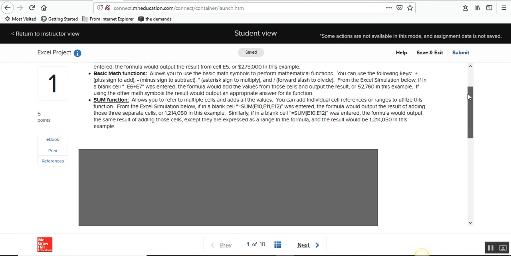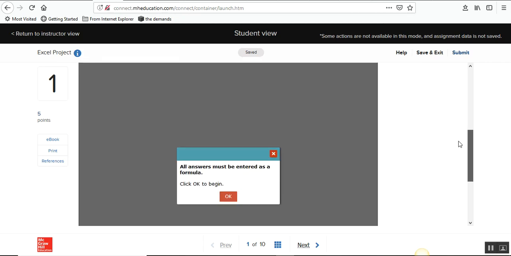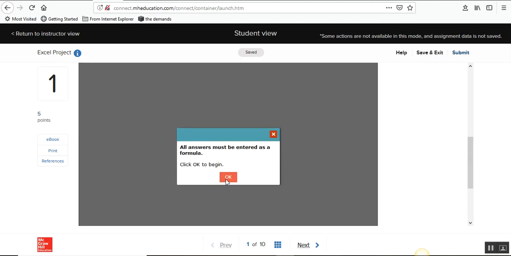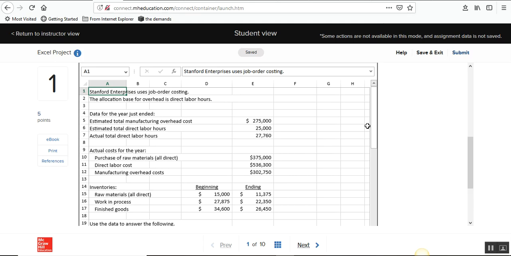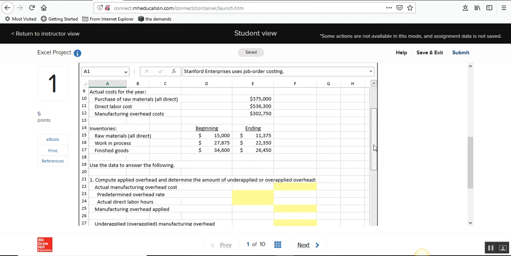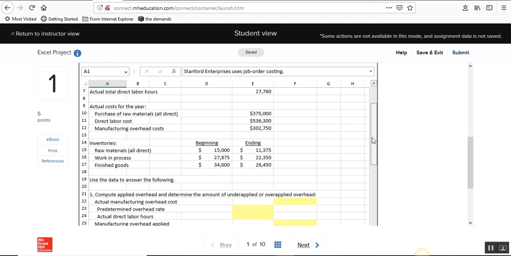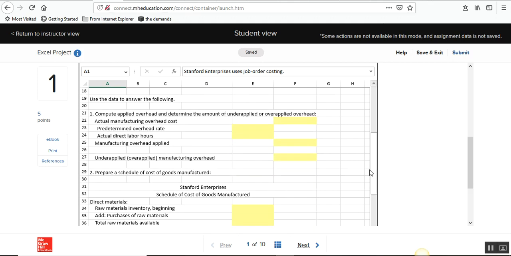So the first worksheet here goes back to manufacturing overhead, and when we were looking at applied overhead versus actual overhead in the early chapters of the book. When you're looking at this, basically you're going to go to these yellow cells and you're going to reference the numbers through formulas or calculate the numbers through formulas to show the amount that should be in here.